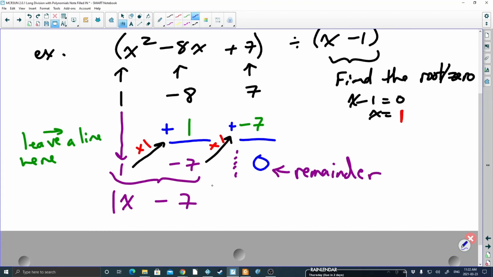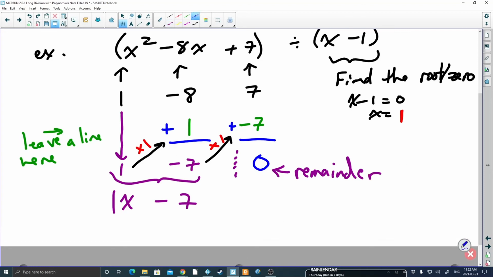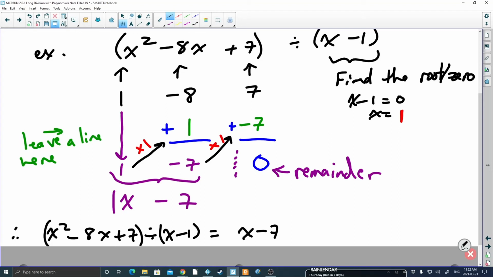So I now know that if I divide x squared minus 8x plus 7 by x minus 1, that gives me x minus 7 with no remainder.